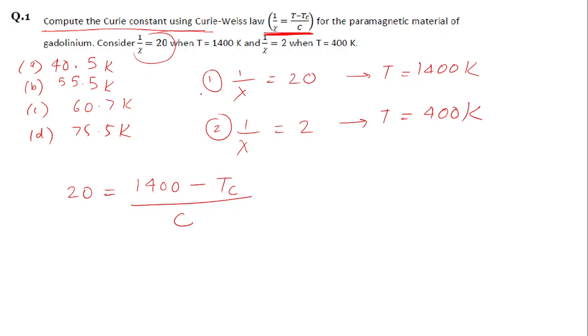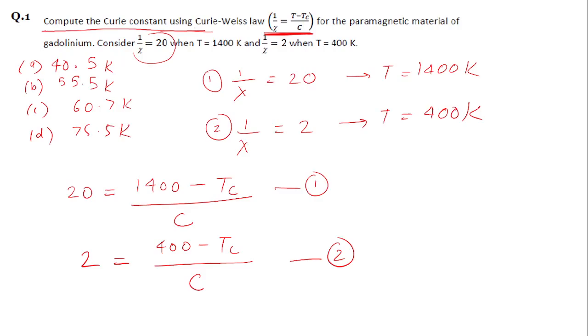This is based on the first case, let's call it equation 1. Based on the second case, 1 over chi is 2 and T is 400 Kelvin. Tc we don't know, C we need to find out. This is equation 2. Now if we can do something with these two equations, then we will be able to find the Curie constant. That is what has been asked in this question. So let's try subtracting equation 2 from equation 1.